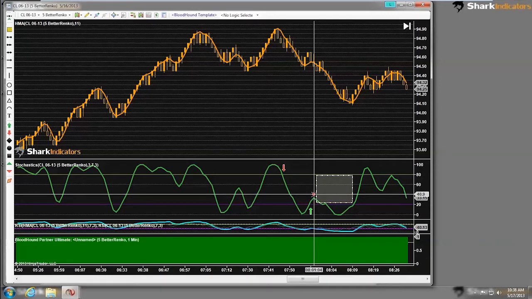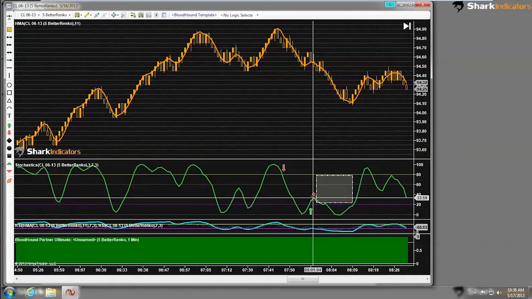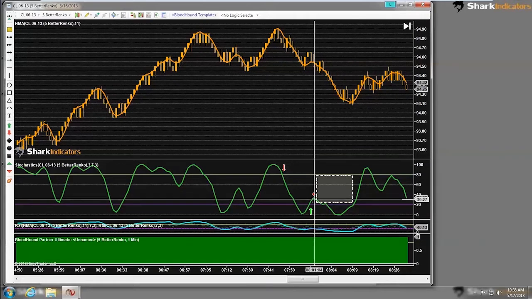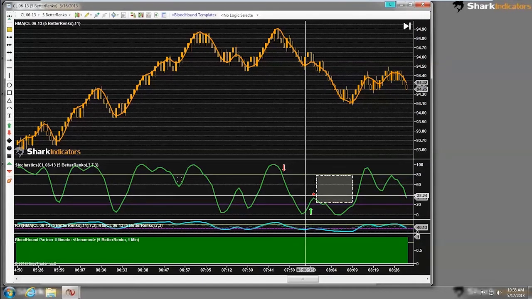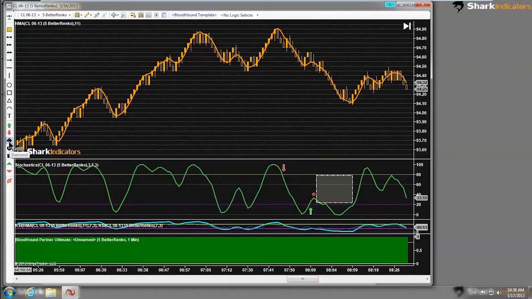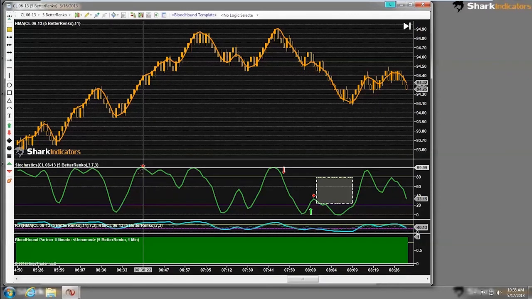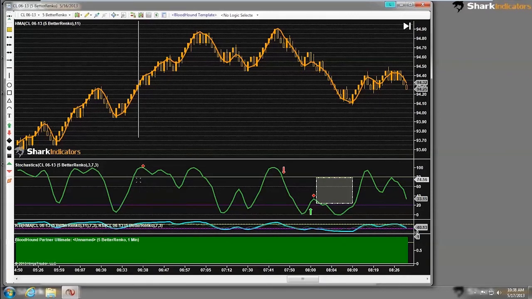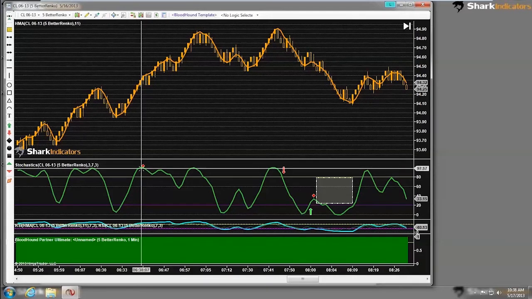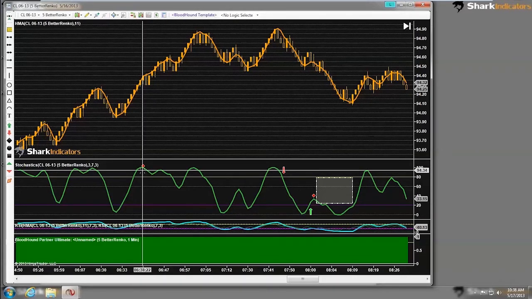If we created a solver looking for these inflection points, it would work great right here, but we don't want the inflection points triggered right here, because we're still above this overbought area, above our threshold.